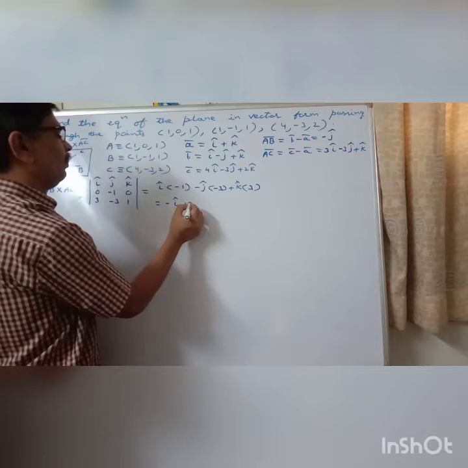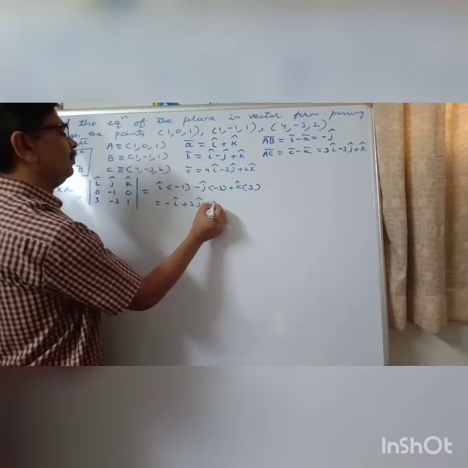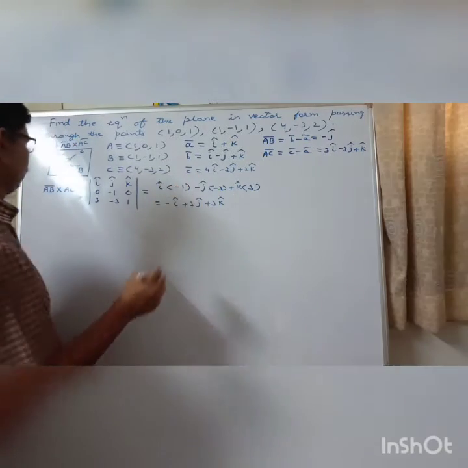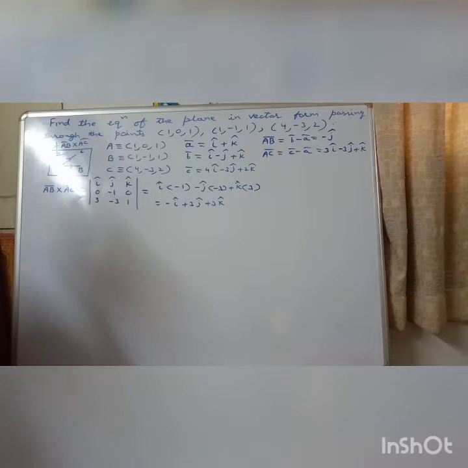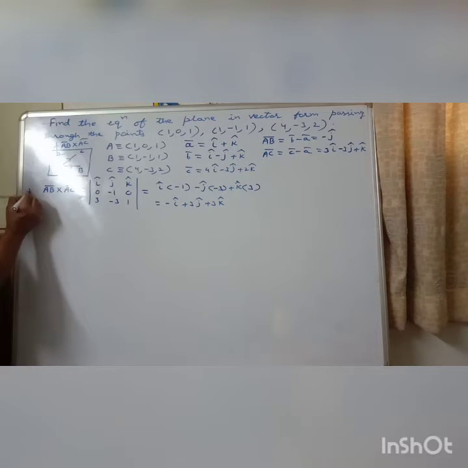So we get minus i plus 3j plus 3k. Now AB bar cross AC bar, as it is perpendicular to the plane, we shall denote it by N bar, the normal.